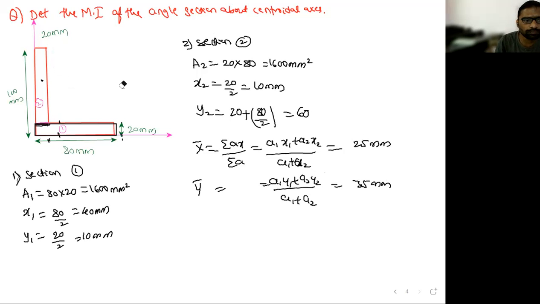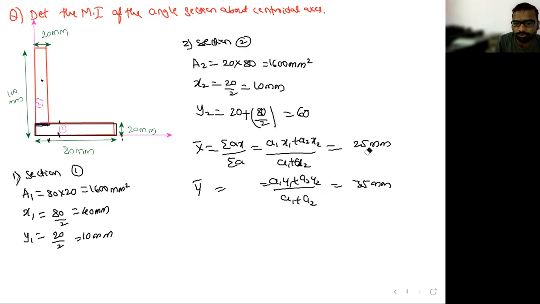So the first step is you have to determine this value first. Now I will look at this centroid. All of you concentrate. How to look at this centroid?